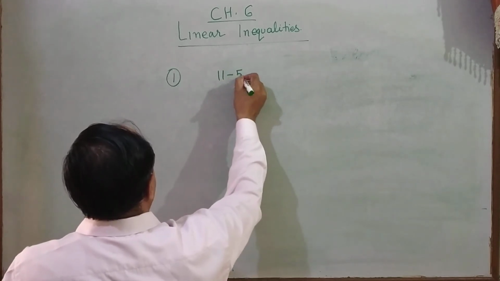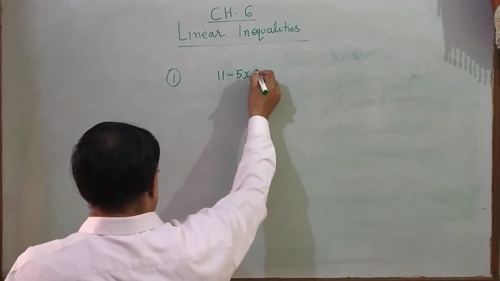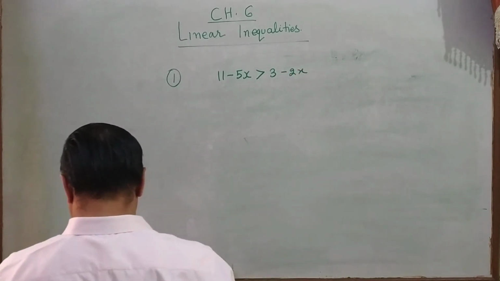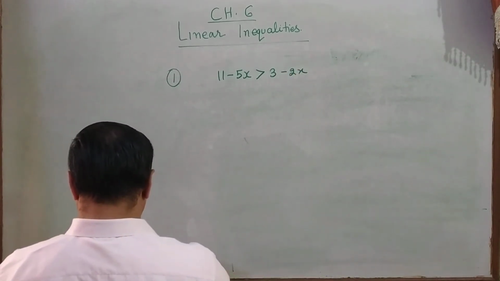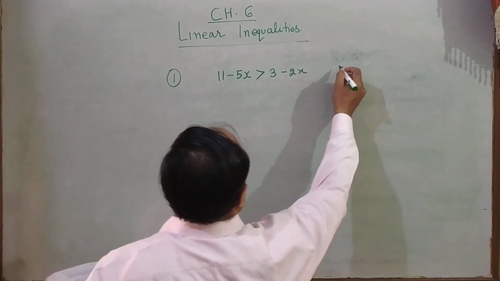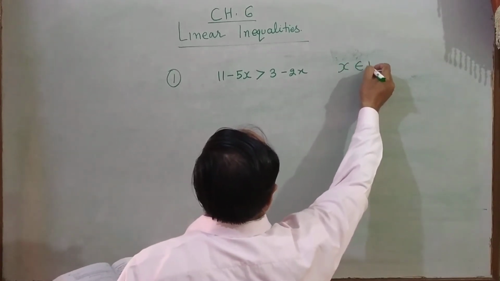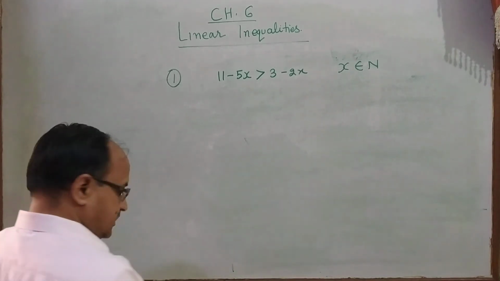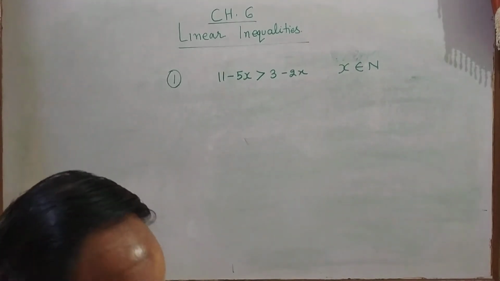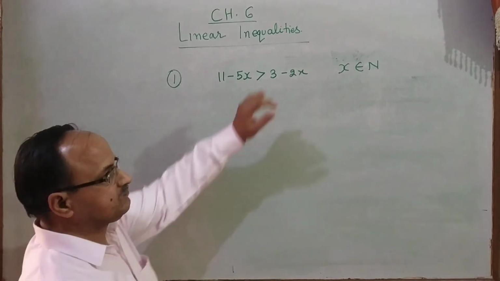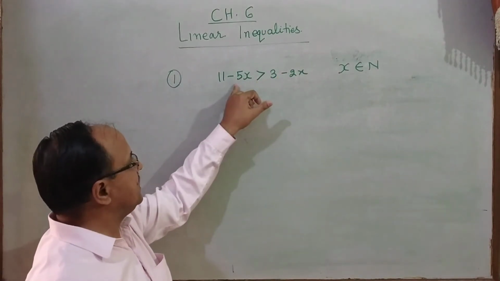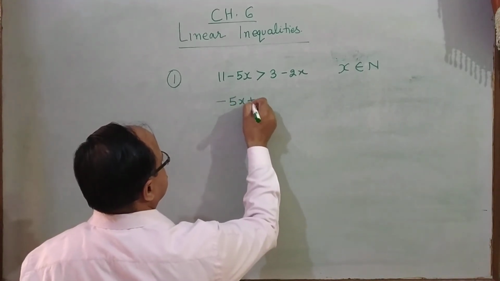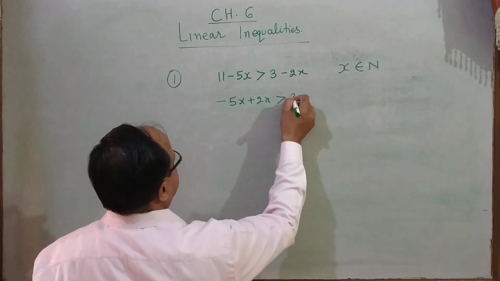11 minus 5x greater than 3 minus 2x, when x belongs to natural number. Solve. Just shift this term to the left hand side. It becomes minus 5x plus 2x greater than 3 minus 11.